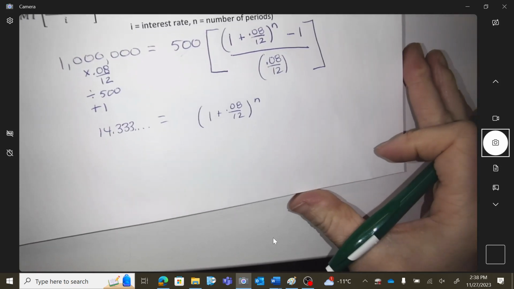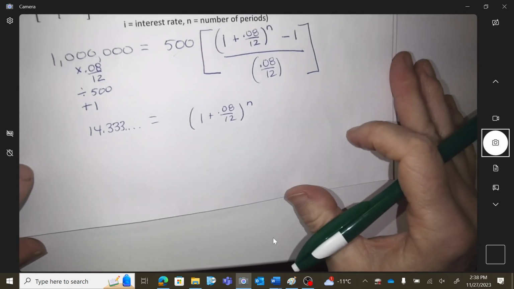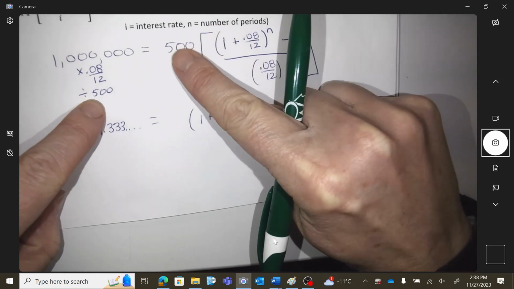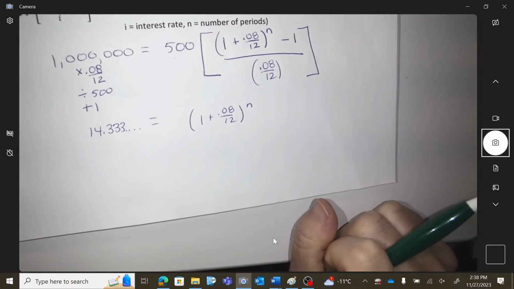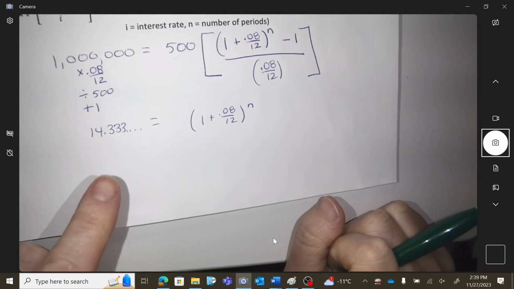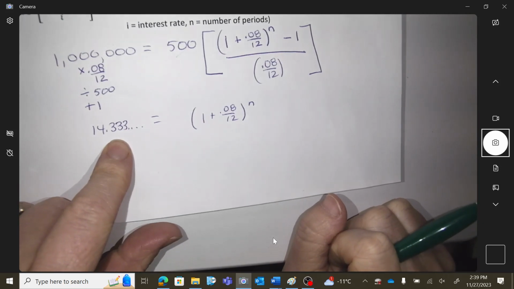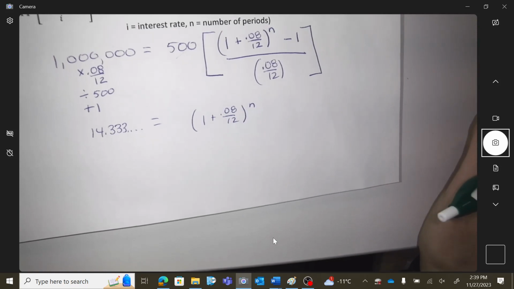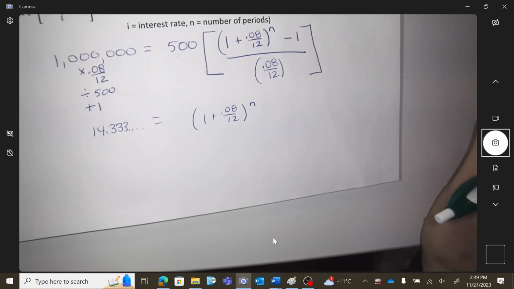Are we okay with my algebra skills? You see what I was doing there? Oh, I got it now. I got rid of that, I times, I got rid of that because I divided, and then I added 1. Okay, dot, dot, dot means I'm leaving it still in my calculator, okay? Don't get it out of there. Some people are still working.